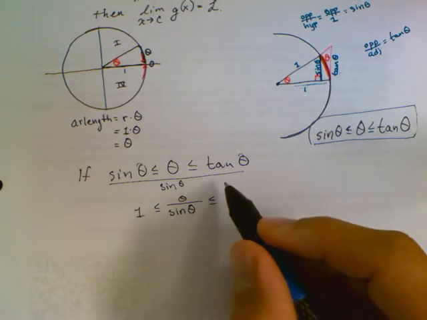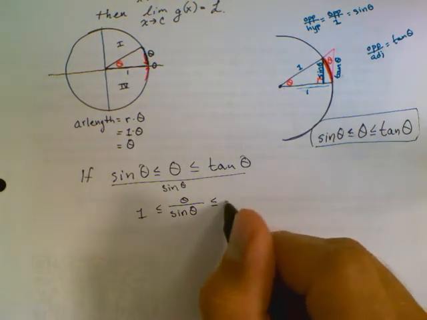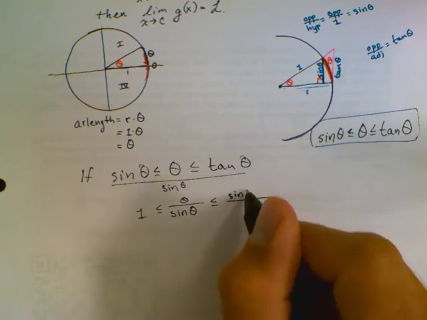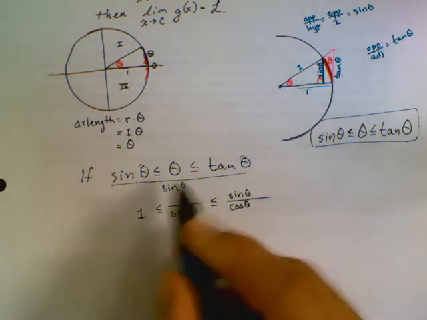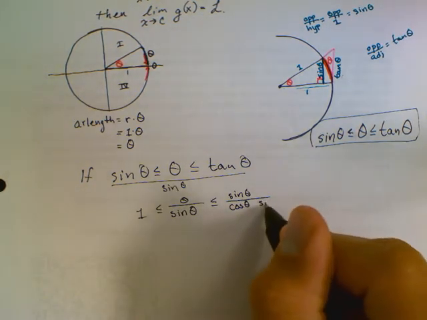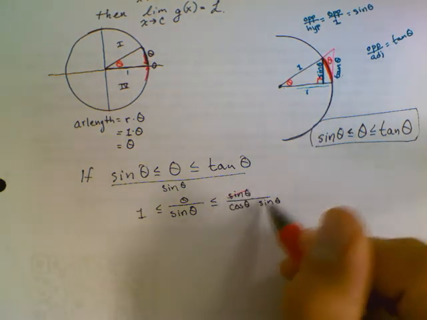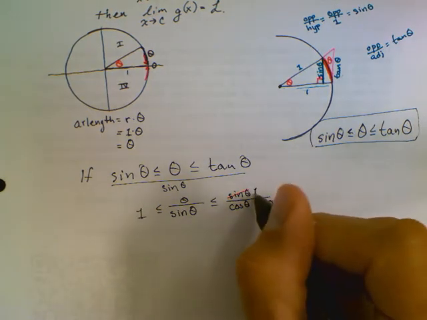Now tangent theta divided by sine theta, well, let's think about its definition. Tangent theta is sine theta over cosine theta. And I'm supposed to be dividing by sine theta. So you can see that the sines can cancel, and you'll need your placeholder on top. That'll be a 1 on top.